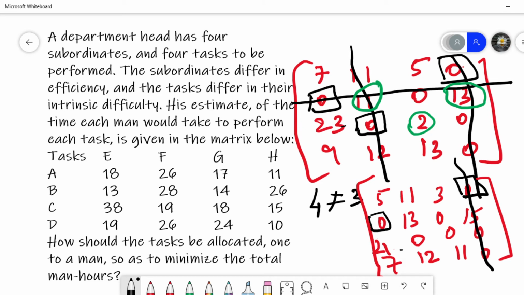So draw the circle around that 0 and draw the horizontal line through that 0. Okay. Then in the second column, we are having only 1 zero. So mark a circle around that 0 and draw the horizontal line through that 0.